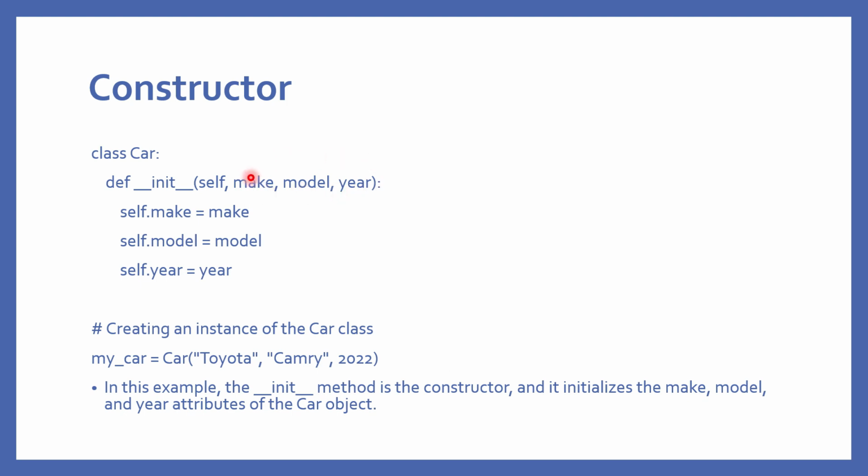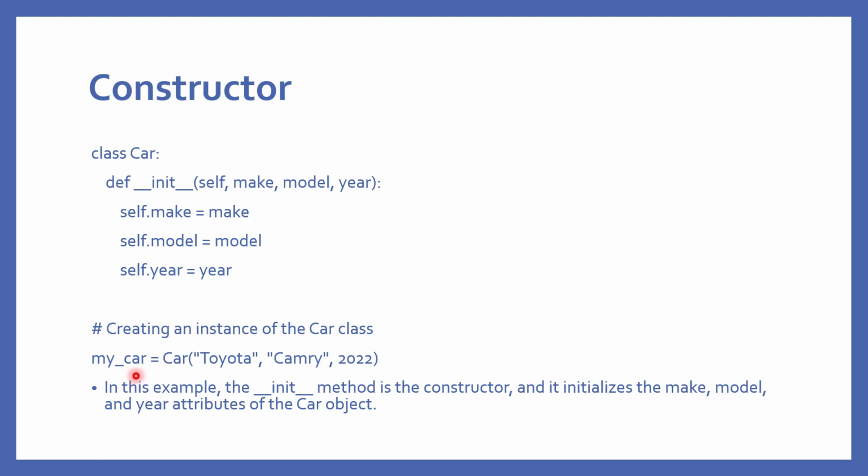We are taking these as three parameters, and the values of these three parameters are assigned to the attributes of the object that we are going to create. So self.make is equal to make, self.model is equal to model, self.year is equal to year, so that all these values which we are taking through parameters will be assigned to the object of the class.